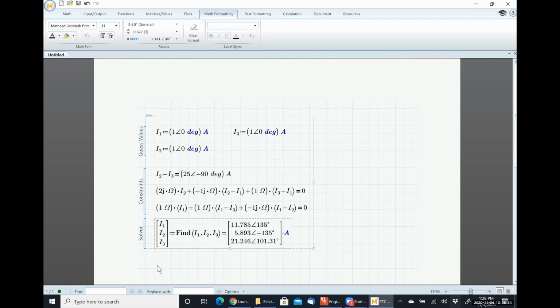So if I type in V1 is going to be, let's see, negative I1 multiplied by 1 ohm and hit equal, it gives me the answer in polar form, which I don't like.